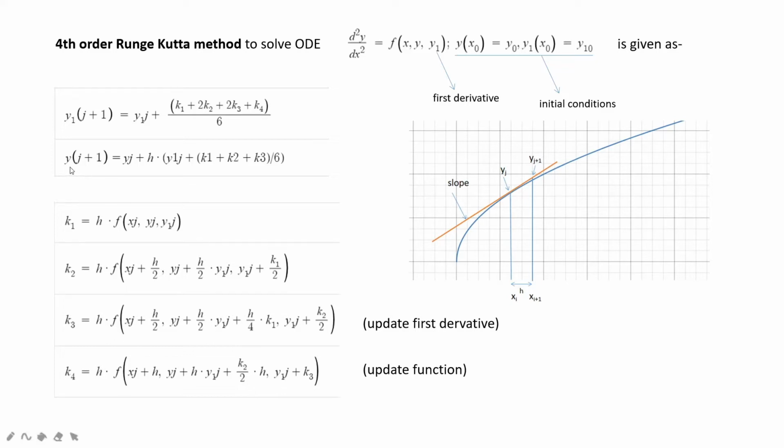So the iteration for y, yj plus 1, will be given by yj, which is this point, plus h times the first derivative at the current point, plus k1 plus k2 plus k3 divided by 6. So this is what we have got. This is the recipe to solve the ODE.